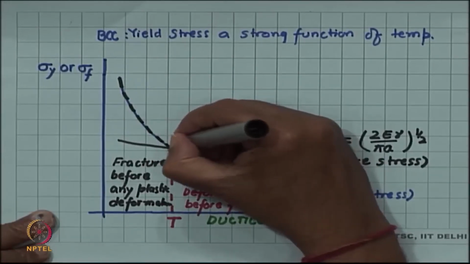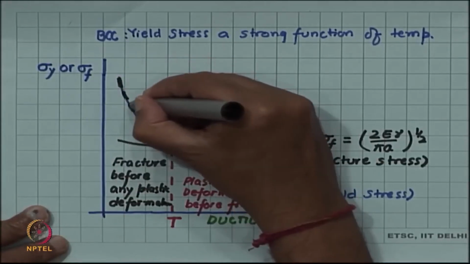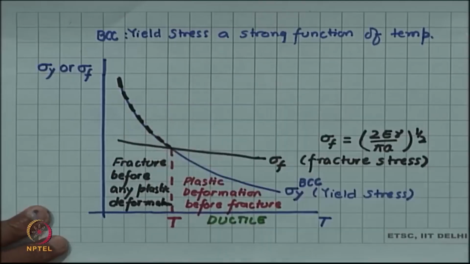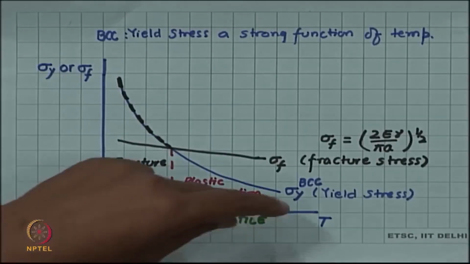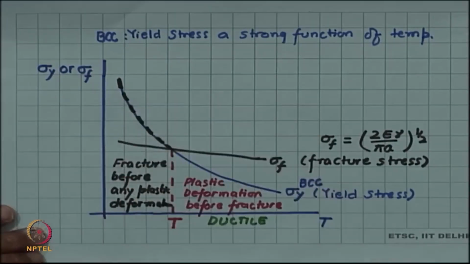So, this is either theoretically estimated or just an extension of the curve below this temperature. That is why I am making it dashed. So, this is not accessible.